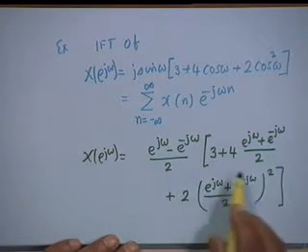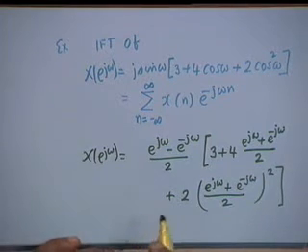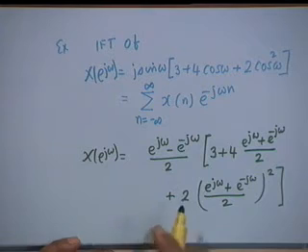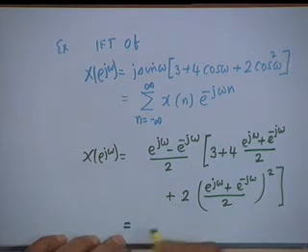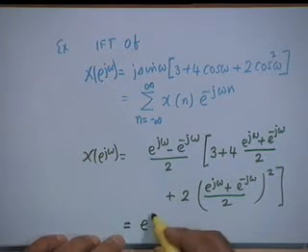All you have to do is to simplify this and find out the coefficients of e to the minus j n omega. What will be the highest power of exponential? 3. So, plus or minus? Both. Okay, very good.